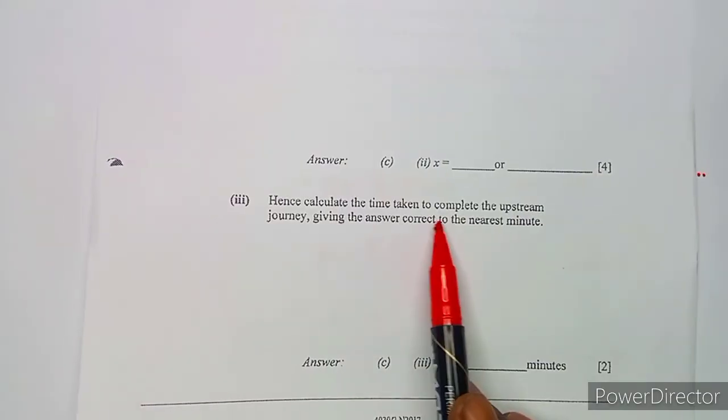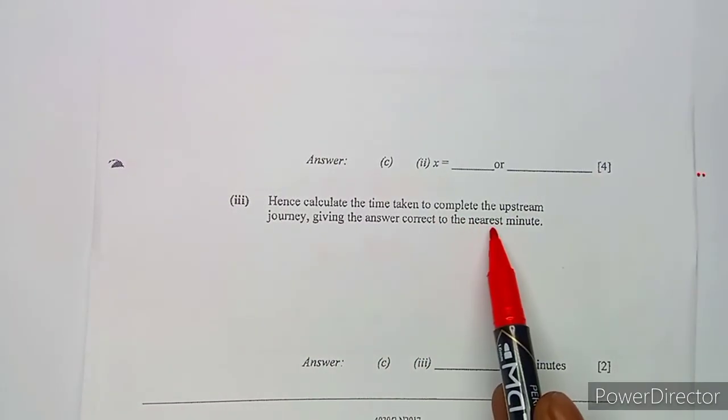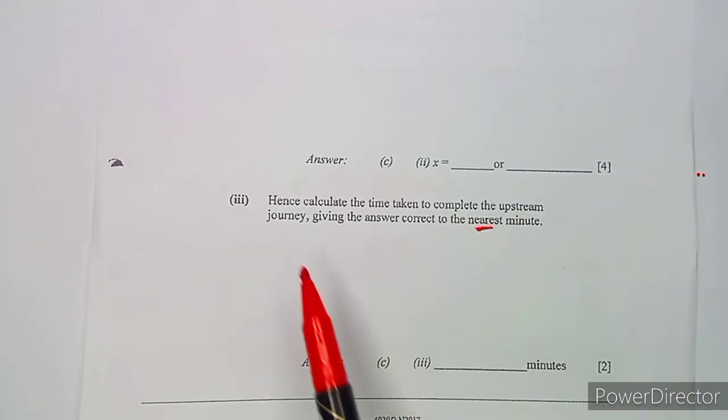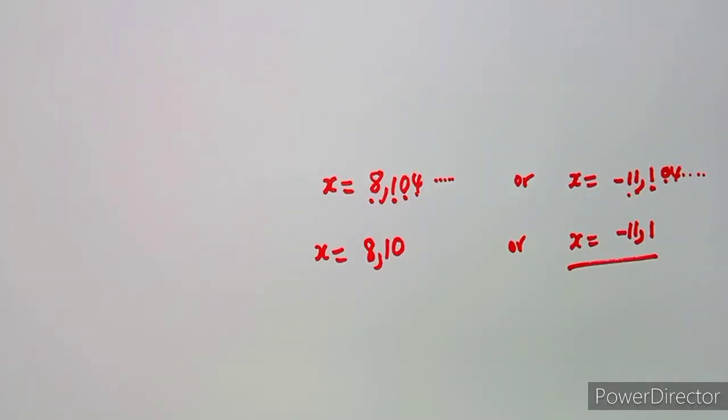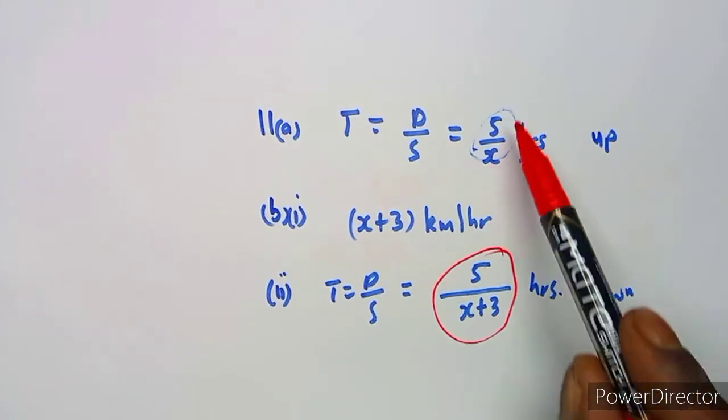Okay, hence calculate the time to complete the upstream journey, giving your answer correct to the nearest minute. Okay, the time that was taken for the upstream. Remember, upstream, our time was this one that we had here when going up. This was the expression for time when going up, this one, which was 5 over x.